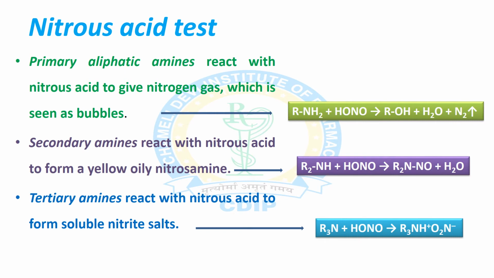The observations are as follows. Primary aliphatic amines react with nitrous acid to give nitrogen gas, which is seen as bubbles in the test tube. Secondary amines, when they react with nitrous acid, form a yellow oily compound known as nitrosamine. Tertiary amines, when they react with nitrous acid, form a soluble nitrite salt.